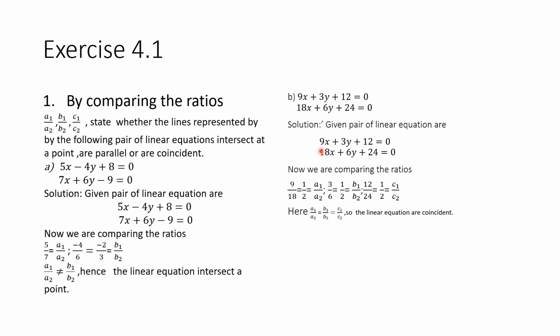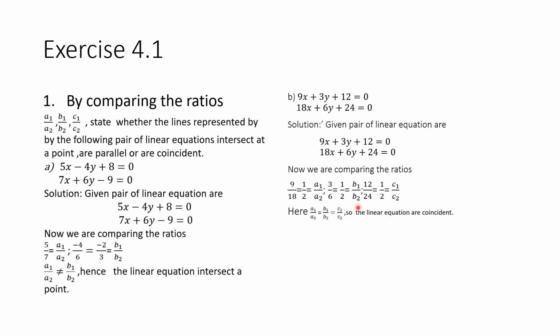Here a1 is 9 and a2 is 18, so 9 by 18. After simplifying, I get 1 by 2, because 9 ones are 9 and 9 twos are 18.